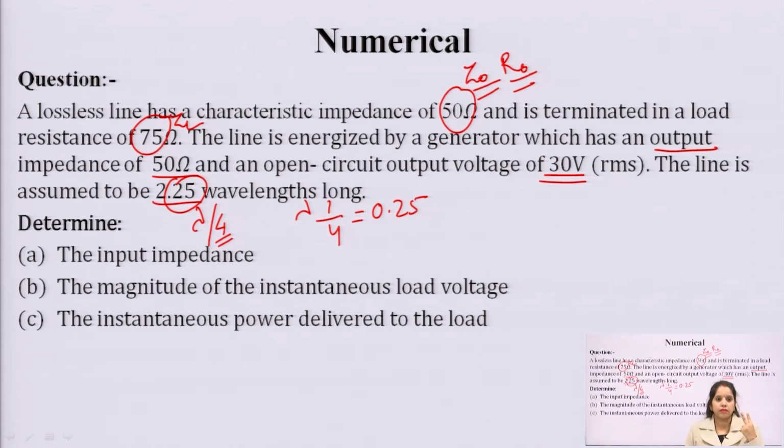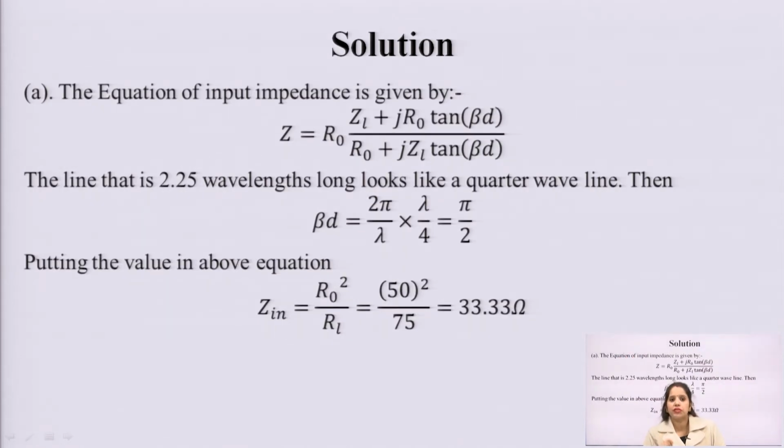Already we have gone through a number of impedance equations in the last classes, but which formula we choose for solving depends upon what values are available with us. The values available with us are the load impedance and the characteristic impedance. So, that is why we will follow this formula.